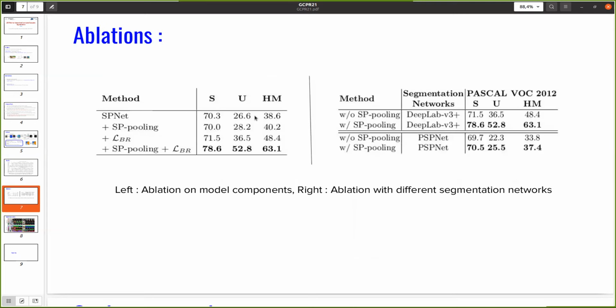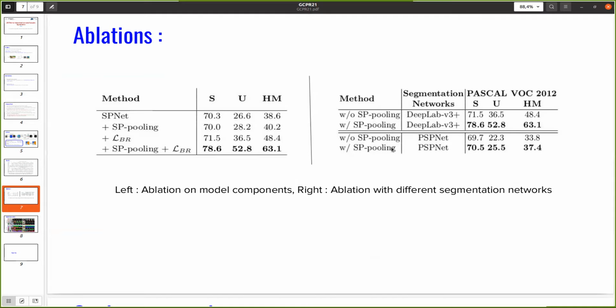Now we'll discuss two ablation studies. On the right-hand side, we have ablation with respect to the segmentation network. On the left-hand side, we have ablation with respect to the different model components. Let's start with the model components first. We observe that on the addition of different model components, which are superpixel pooling and bias reduction loss, we see improvement in the performance, which suggests the importance of both of these components individually.